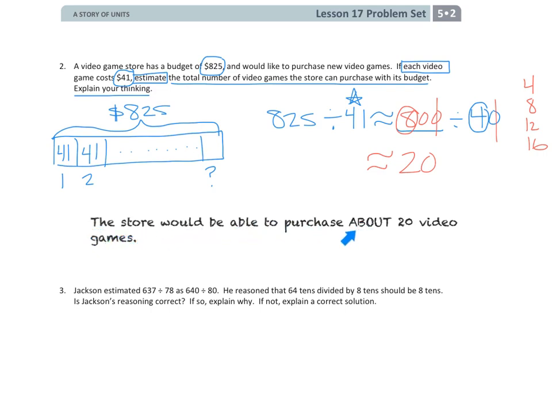Notice that I put the word about in capital letters. You don't need to do that, but you do need the word about because we estimated here. If you did not put the word about and said 20 video games, you're telling us precisely they can buy 20 video games. But we estimated, so the word about needs to be in there, and video games needs to be at the end of 20 with a period at the end of your sentence.